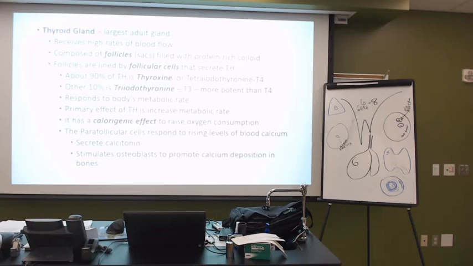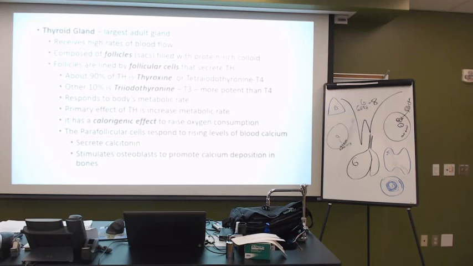The quicker your body uses oxygen, which I'm not sure if you guys remember, but the only use of oxygen in the body is making ATP, cellular respiration, mitochondria. Does everybody remember that?